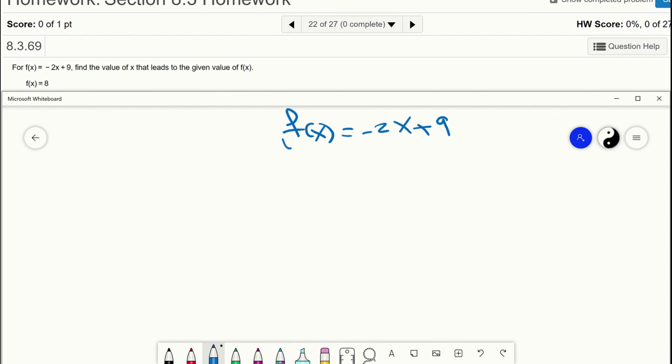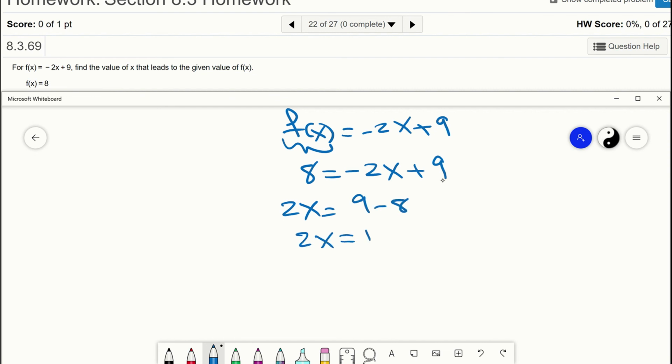So just replace f of x with 8. And that'll tell you what x value. Just solve this. Let's bring the -2x to this side to make it +2x. And let's move the 8 to the other side to make it -8. So we get 2x equals 1, or x equals what?